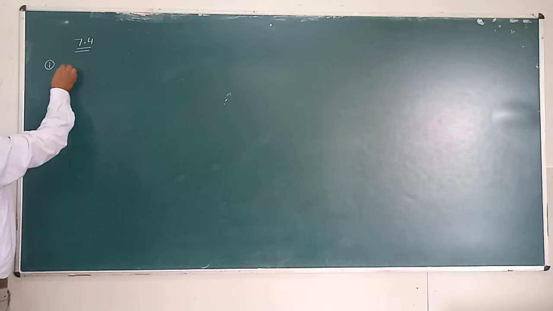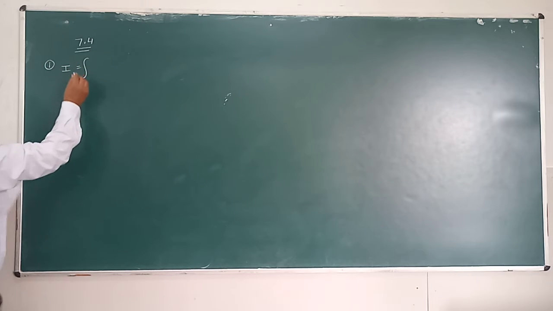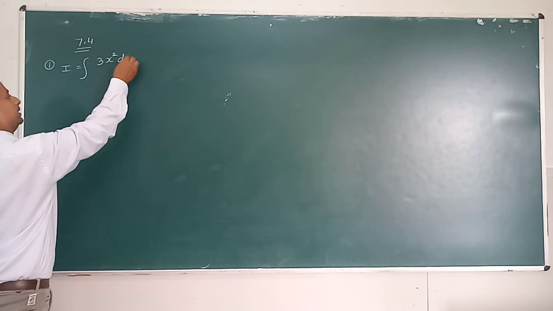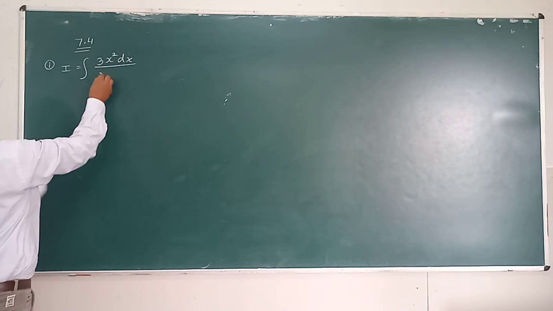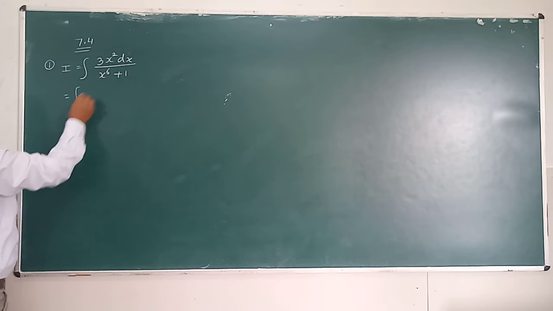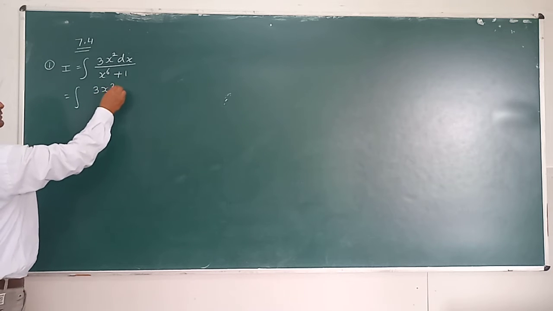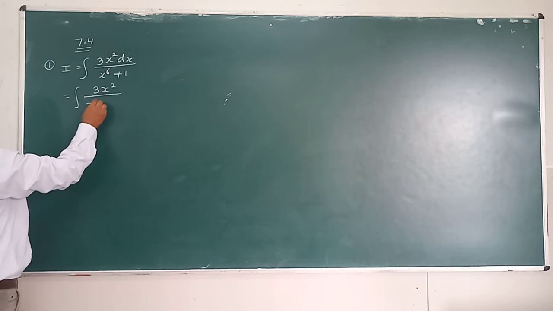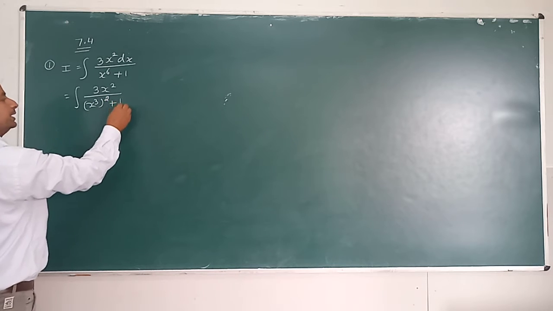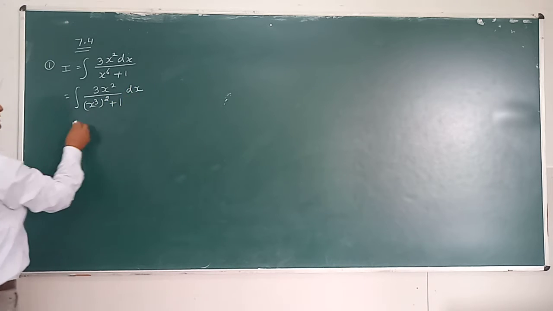In question number 1, the statement is I is equal to the integral of 3x square dx upon x power 6 plus 1. In this question, first we write x power 6 as x cube whole square, plus 1, dx.